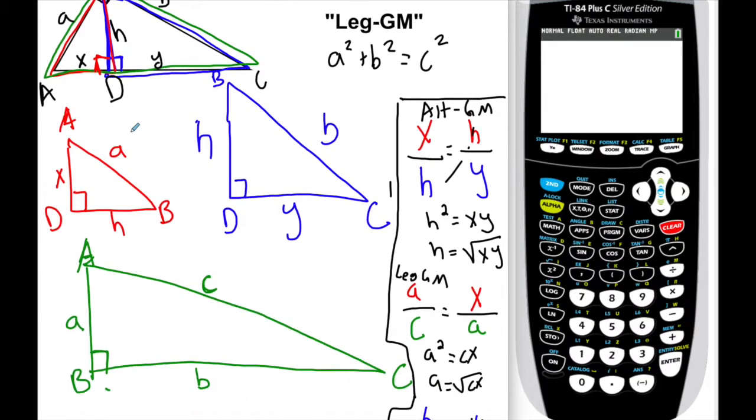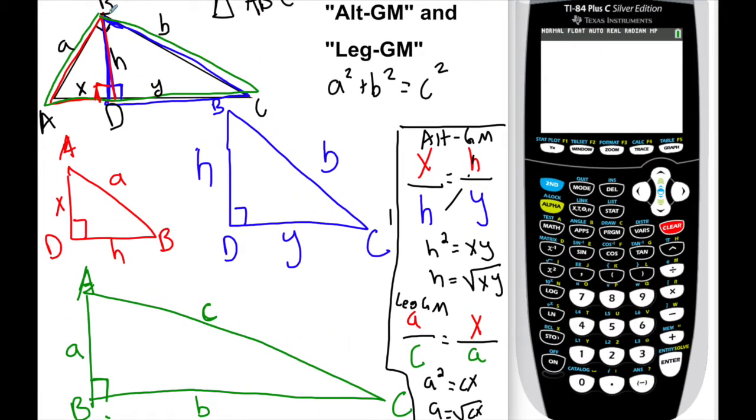We also know that any side is the geometric mean of the entire hypotenuse and the piece touching it. So A is the geometric mean of the hypotenuse and x, and B is the geometric mean of the hypotenuse and y. Okay? Now, someone has asked in class, Mr. Murray, why do I not just use the Pythagorean theorem?